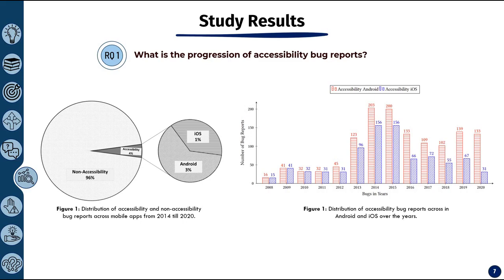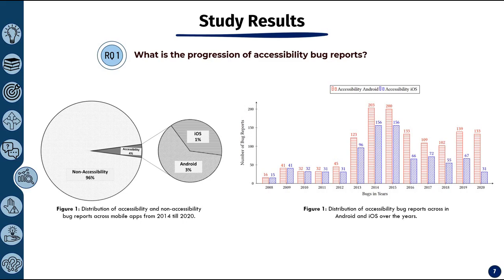As you can see on the left side, out of all the dataset that we crawled, only 4% carry accessibility-related reports: 1% for iOS and 3% for Android. When we break the data down by the date of reporting, there is an increase in accessibility bug reports into 2013.